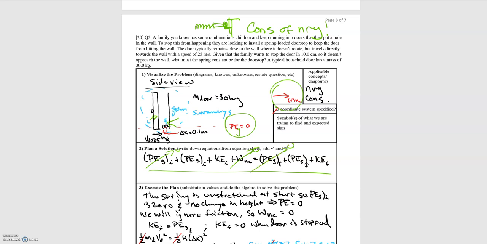We don't need to worry about it. We're starting off with the door away from the spring, so the spring potential energy is 0. And so we're just left with kinetic energy at the start. We want the spot where the spring stops the door, so the kinetic energy at the end is going to be 0.